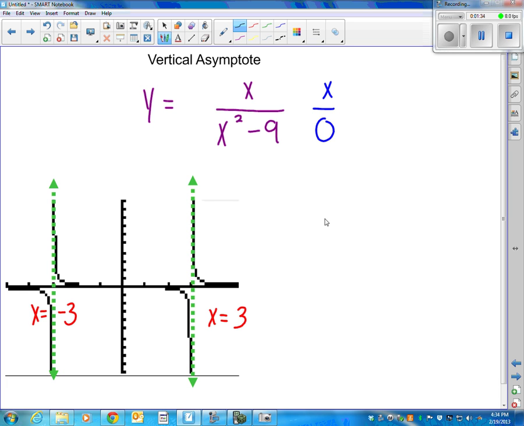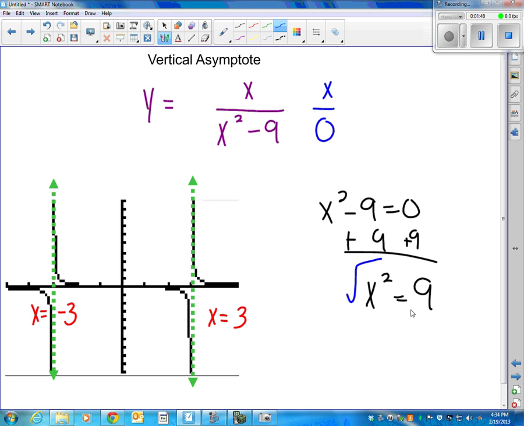So I simply set it equal to 0, solve for x, add 9 to both sides, x squared equals 9. I can take the square root. x is equal to positive 3 and negative 3. So there you are, backing up what the graphing calculator told us mathematically.